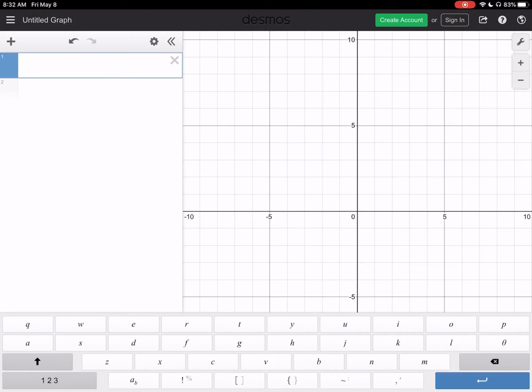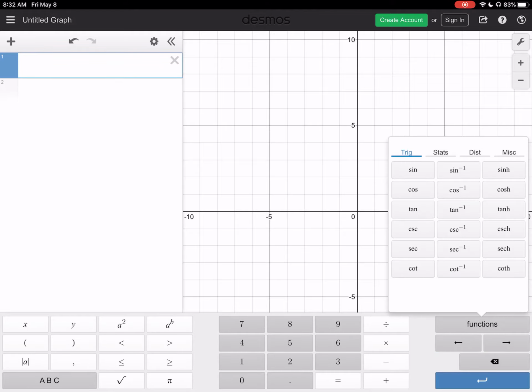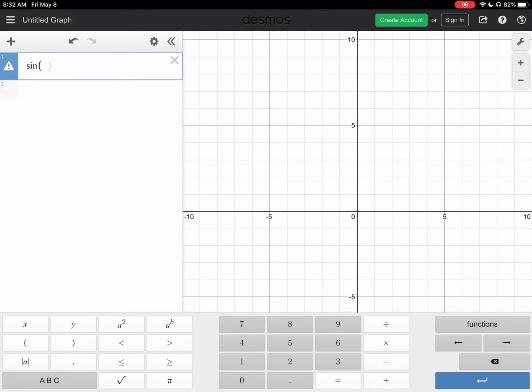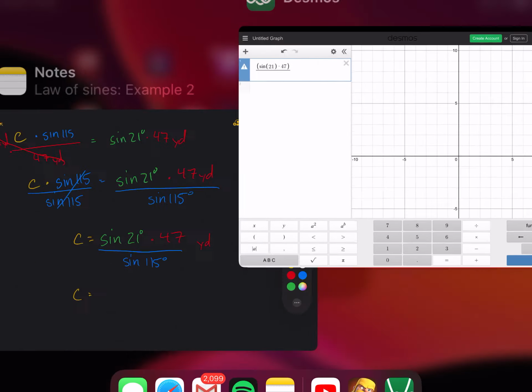And so then we will plug in. If you go to functions, I want the sine of 21. I'm going to arrow out times 47, and all of that is divided by, was it the sine of 115? Yes, it was.